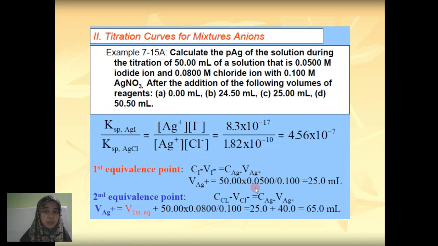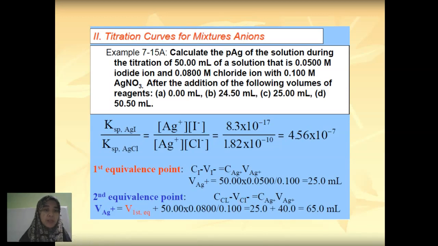In this case, the reaction completes at the first 25 ml, where silver reacts with the iodide ion, while at the next 40 ml, it reacts with the chloride ion.